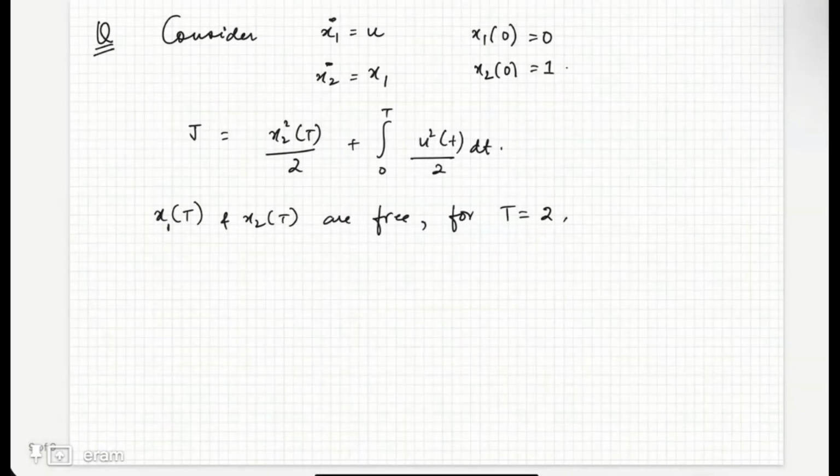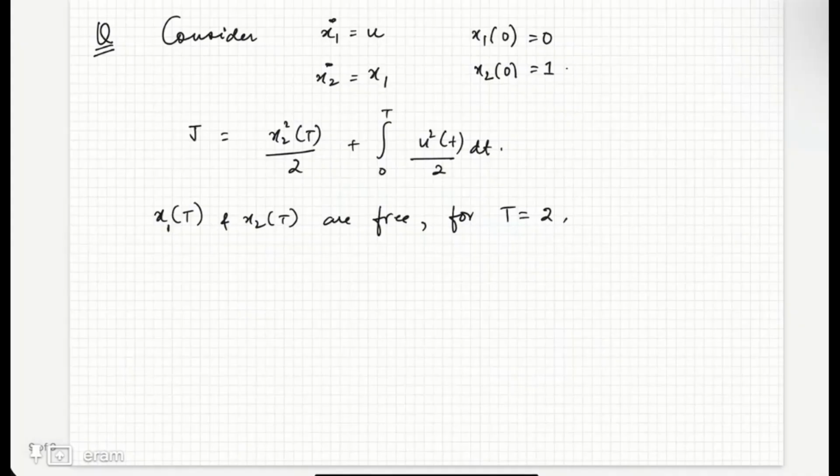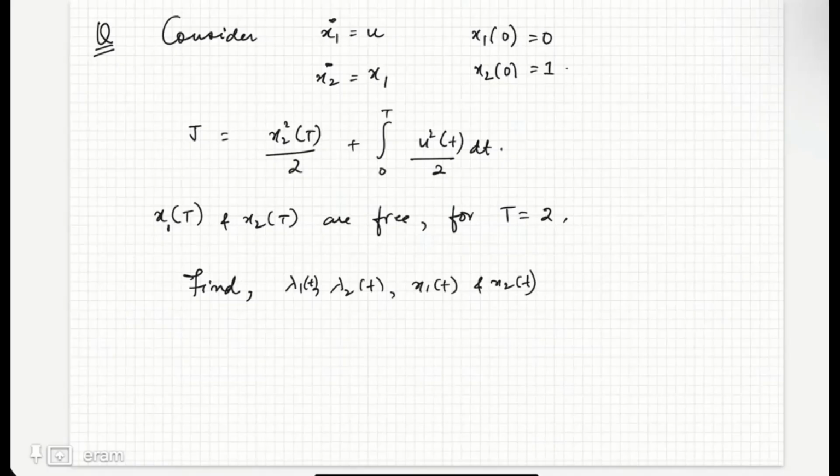Now in this question you have to find lambda 1 with respect to t, lambda 2 t, x1 t and x2 t.